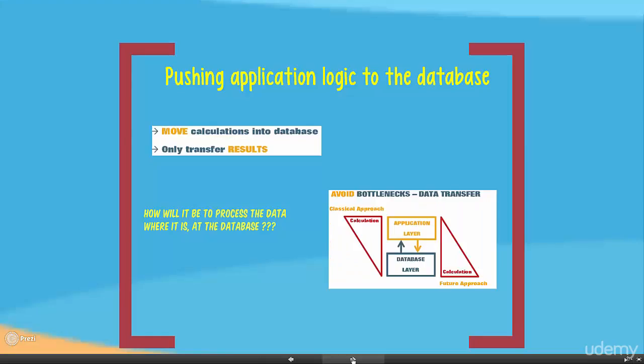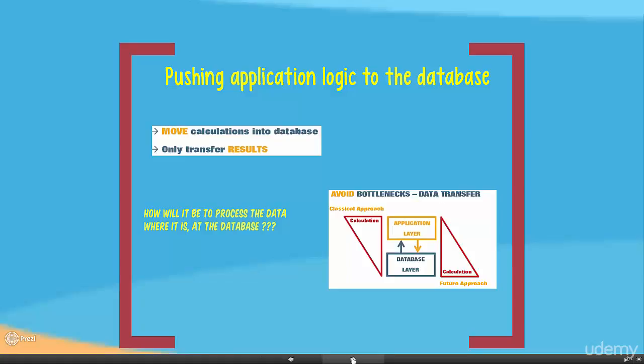Since HANA comes with inbuilt engines to handle logic and execution code, it's much better if you push the data-intensive application logic from the application layer into the database layer. Normally we keep the application logic and the database logic at the application layer.